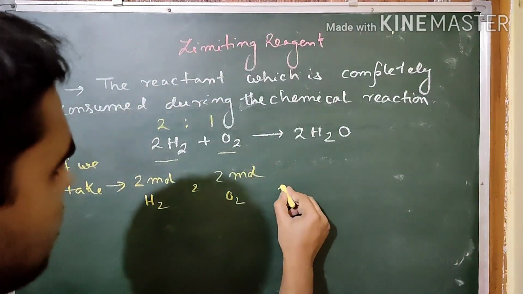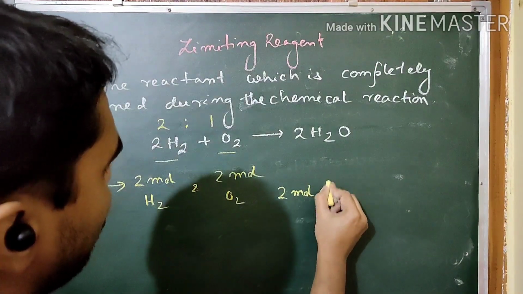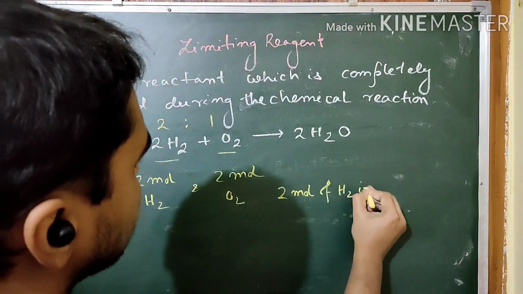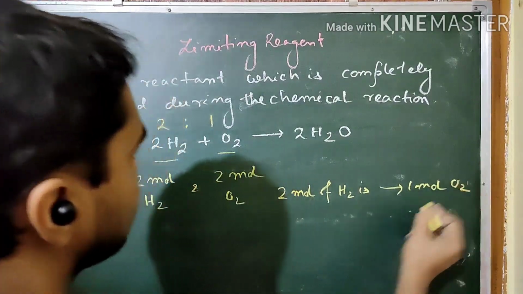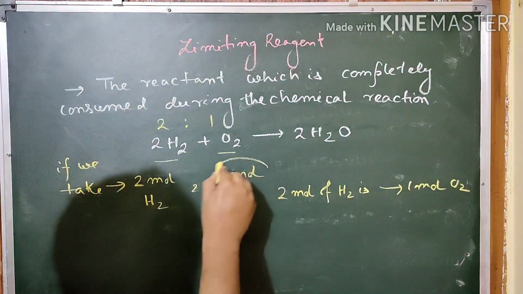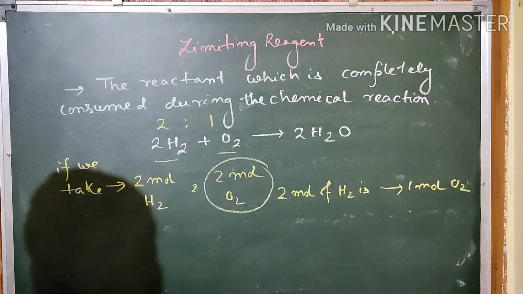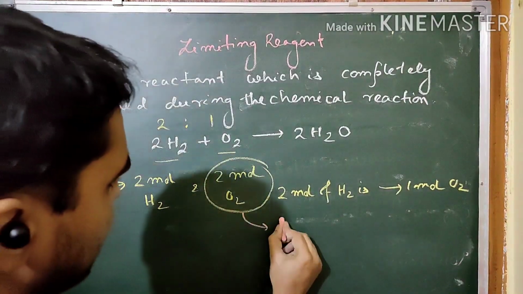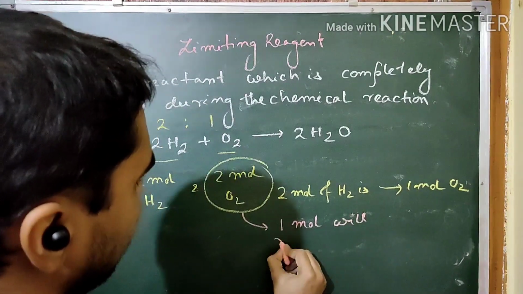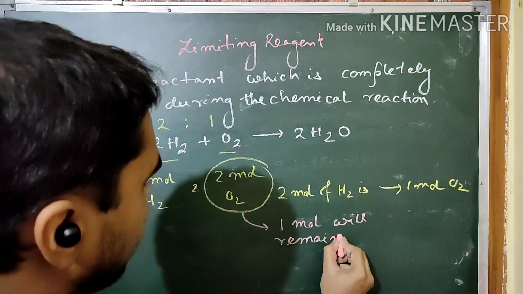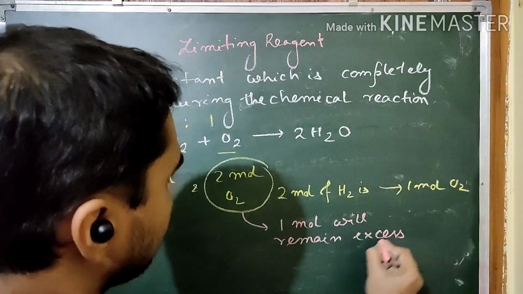So actually 2 mole of hydrogen is needed for 1 mole of oxygen. But here we have taken 2 mole of oxygen. So 1 mole will remain in excess.